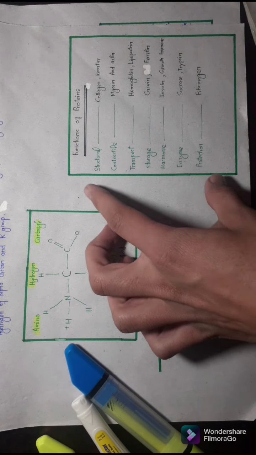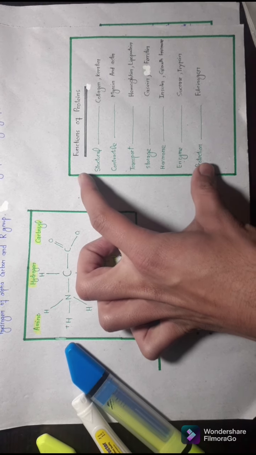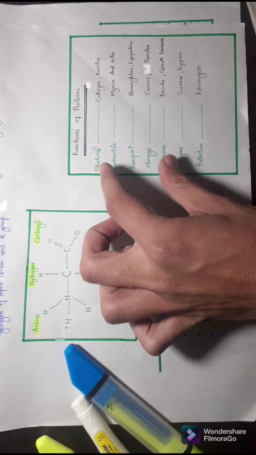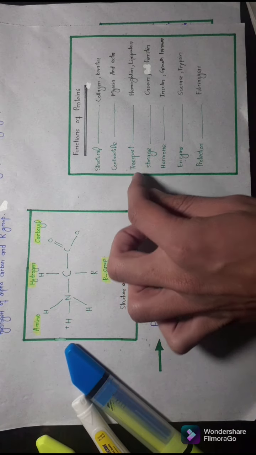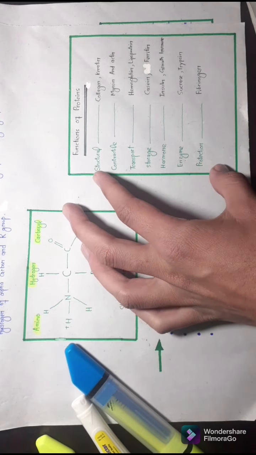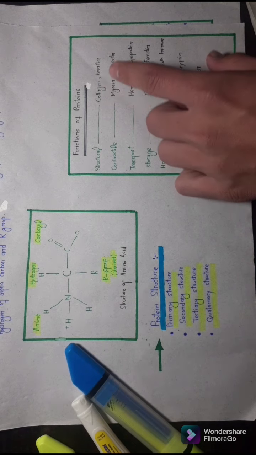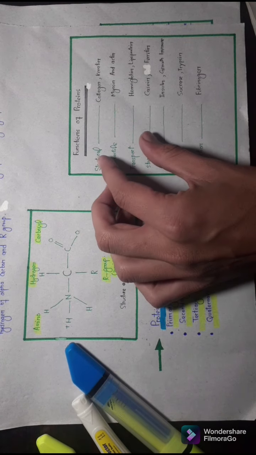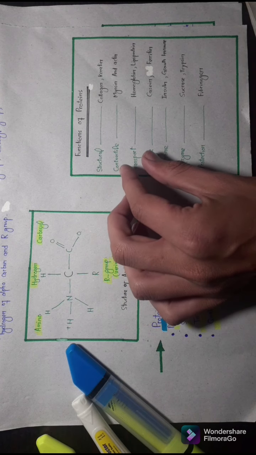Now, what are the functions of protein? Proteins perform the most important functions in the life of living organisms. The first one is structural. Collagens and keratins are the proteins which provide structural components.